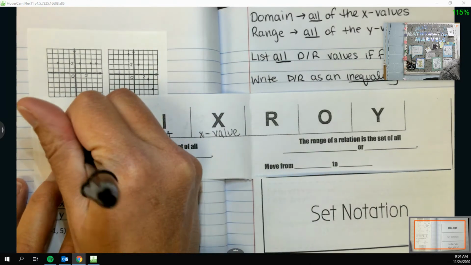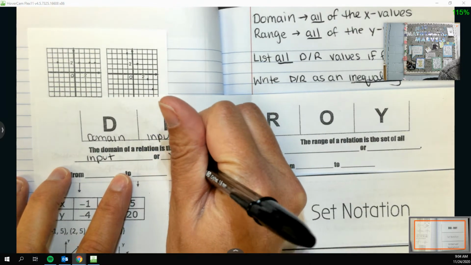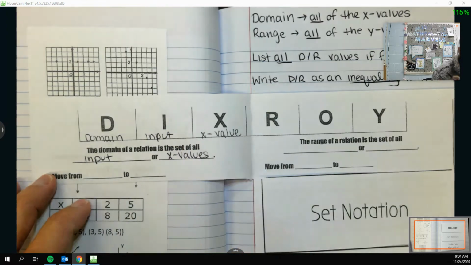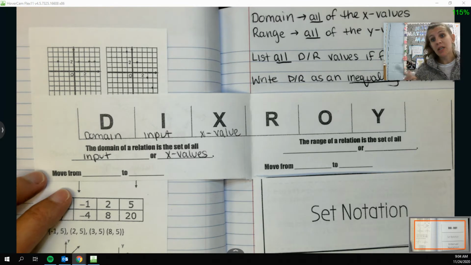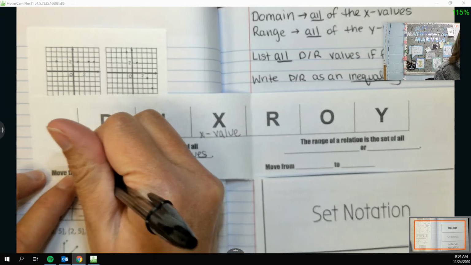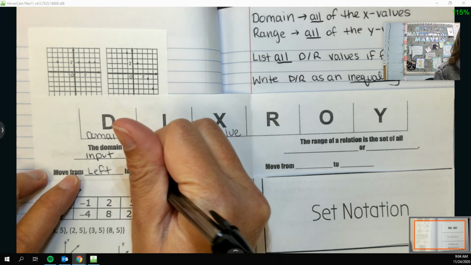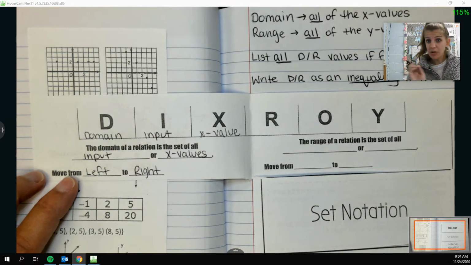They all mean the same thing. And when I'm trying to figure out domain, I want to make sure that I move from left to right, because our x-axis is left to right.